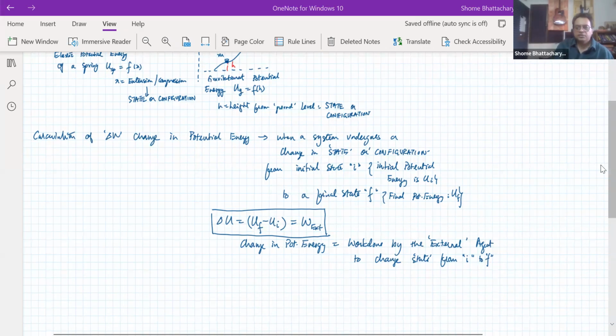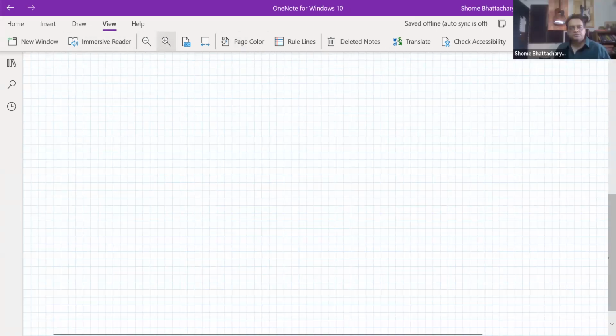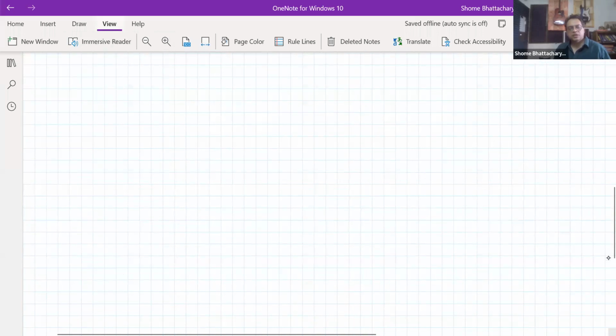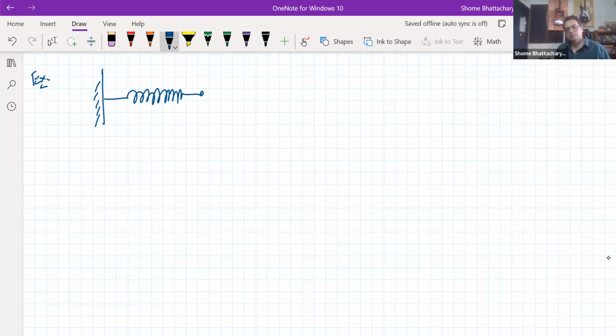Okay, so let us see the application of this definition in one very simple direct example. Suppose we have this situation now, that we have a spring, an ideal spring of spring constant K and natural length L, like this.